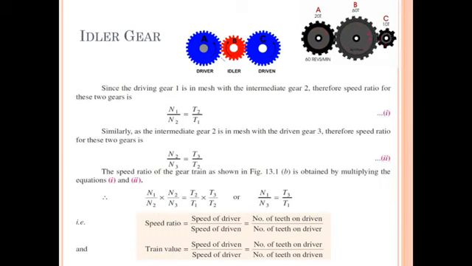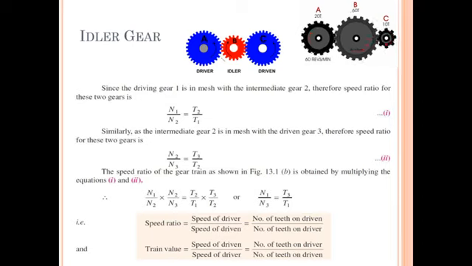For the second meshed gears, second and third, we will again apply velocity ratio. It will be N2 upon N3 is equal to T3 divided by T2. This will be the velocity ratio for the second and third gear.